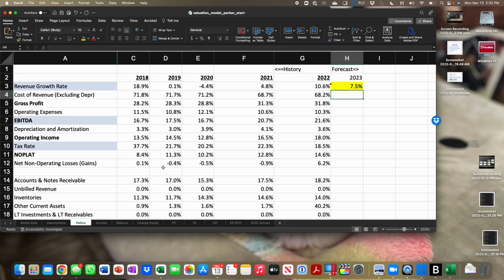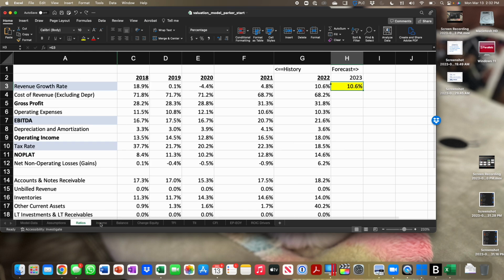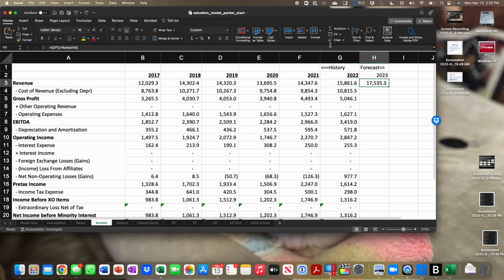Type in 7.5, go to income, 17,051. The ratio creates the forecast. Now, the reason I don't want you to do this is because as we're building the model, everything is repeating last year. So we're going to leave it at 10.6, and the number on this tab for you should be 17,535.3.